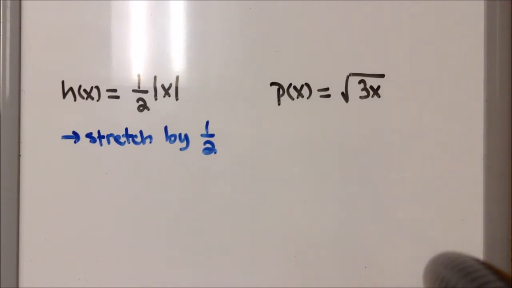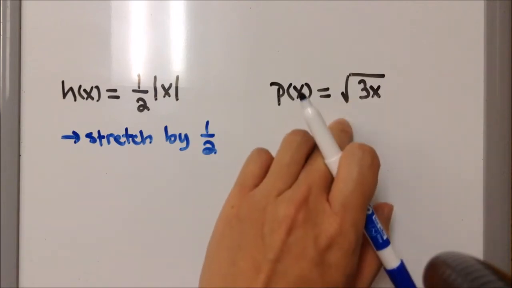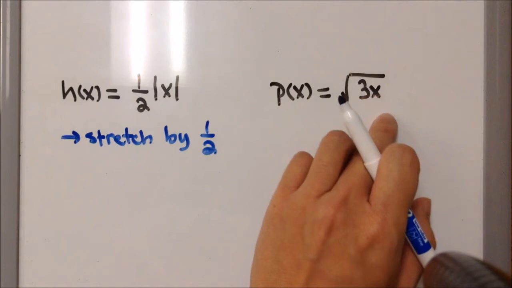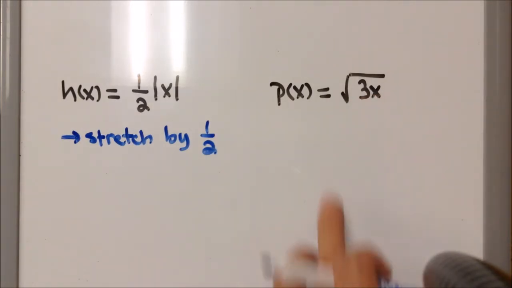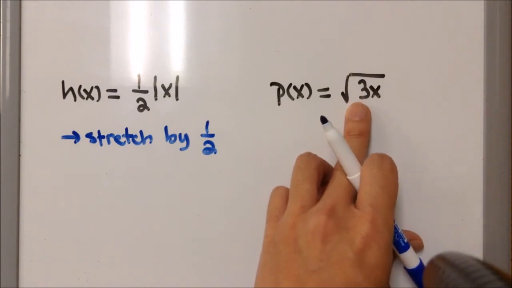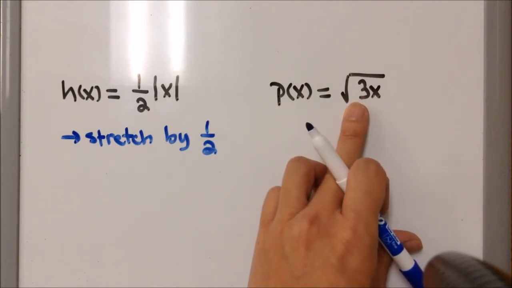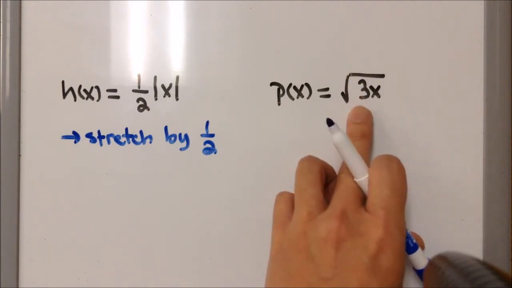In the fourth example, we have p of x equals the square root of 3x. So again, the square root of 3x. We have the number inside the square root, so it's inside the function, on the x.